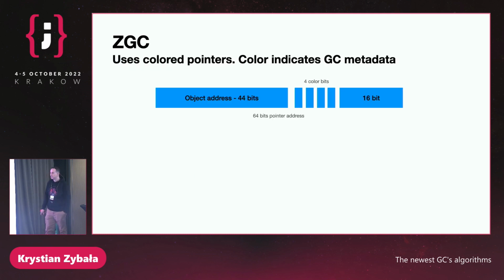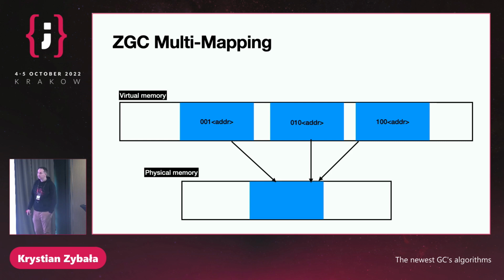And when we discuss the object pointer, we have a 64-bit pointer address, and 44 bits are reserved for the object address. 4 bits are for ZGC metadata, but 16 bits are currently somewhat wasted. And what does it mean that ZGC uses multi-mapping?